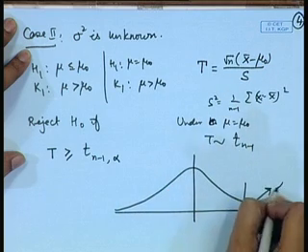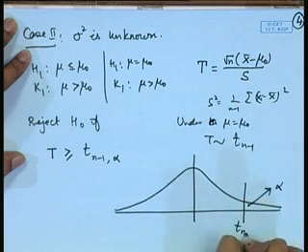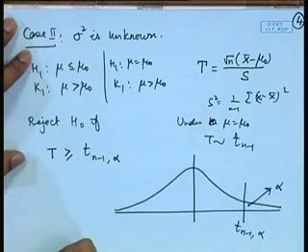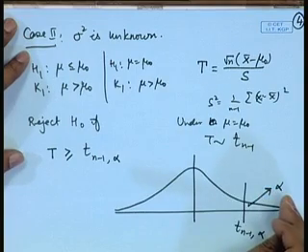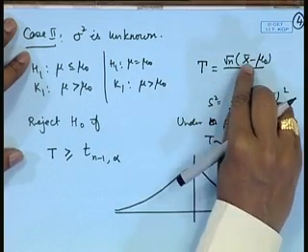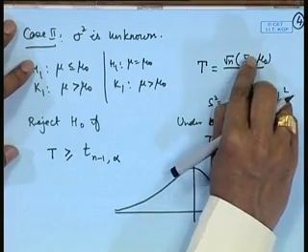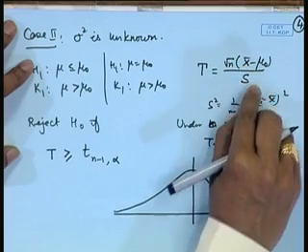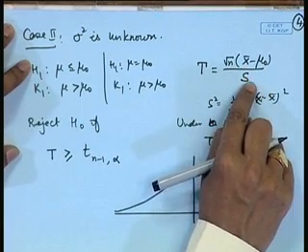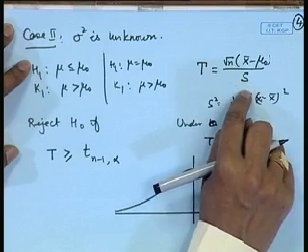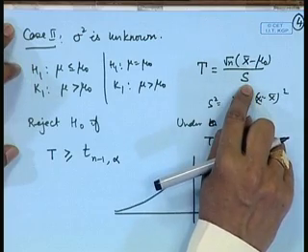So, if we keep this probability as alpha, then this will be the t n minus 1, alpha point. When this T value crosses this value, then we reject H naught. So, you can see that the nature of the test has not changed much, because it is still dependent upon x bar. However, earlier the scaling factor was known, now it is unknown. So, we have to replace it by an estimate that is calculated from the sample here.